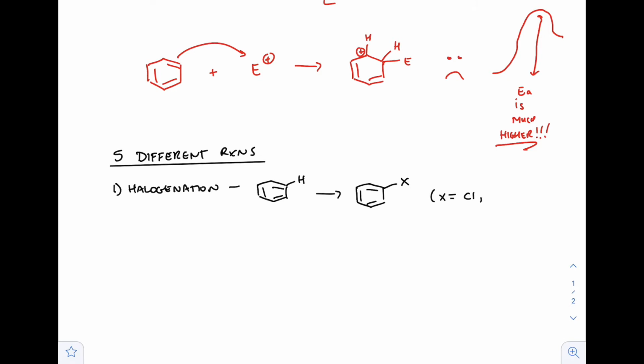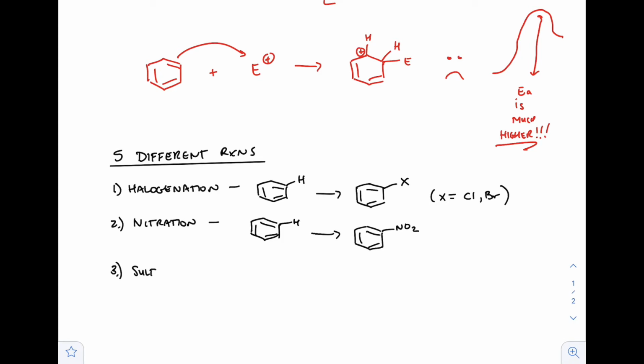with benzene. Okay, and so the first one is going to be halogenation. I drew one hydrogen explicitly because we're showing that we're substituting that hydrogen with an X atom, where X is chlorine or bromine. Okay. We also have a nitration reaction. So nitration is when we have a benzene ring again, and we substitute that hydrogen for an NO2, a nitro group.